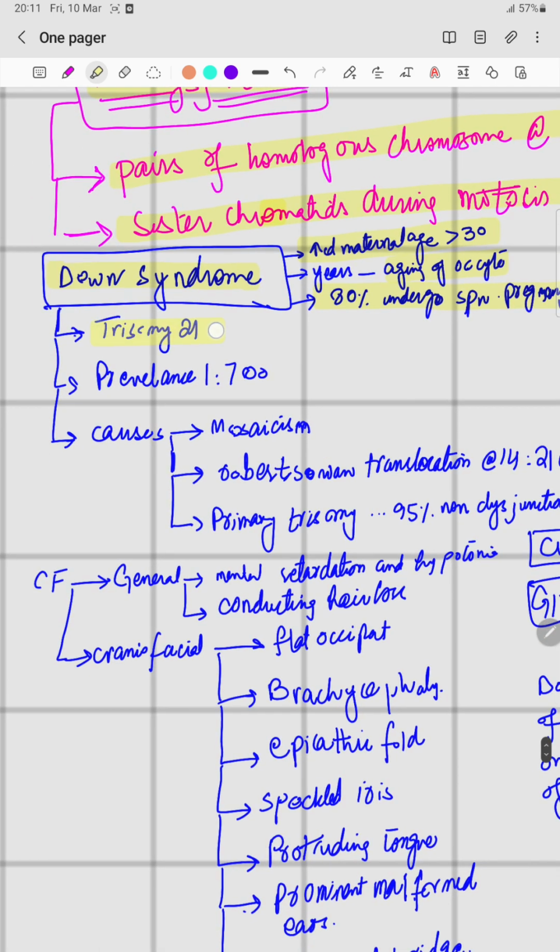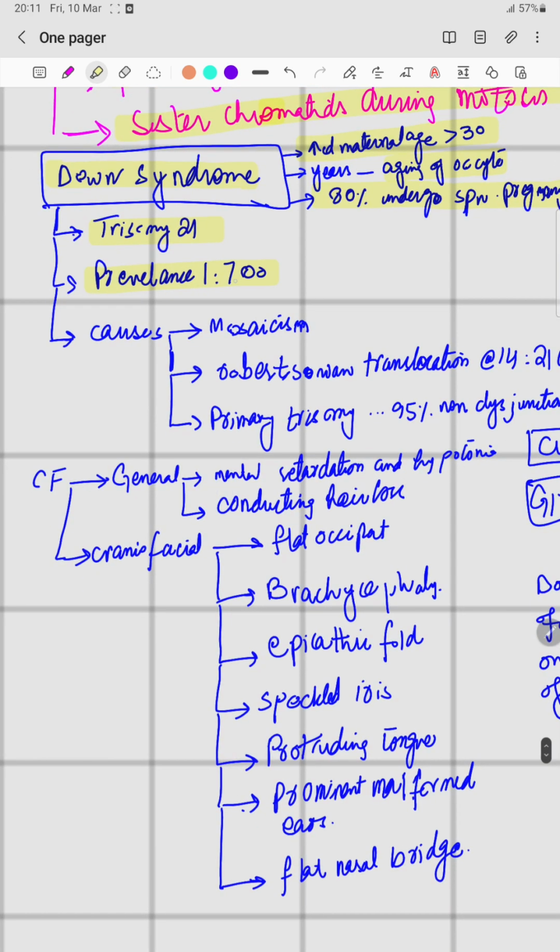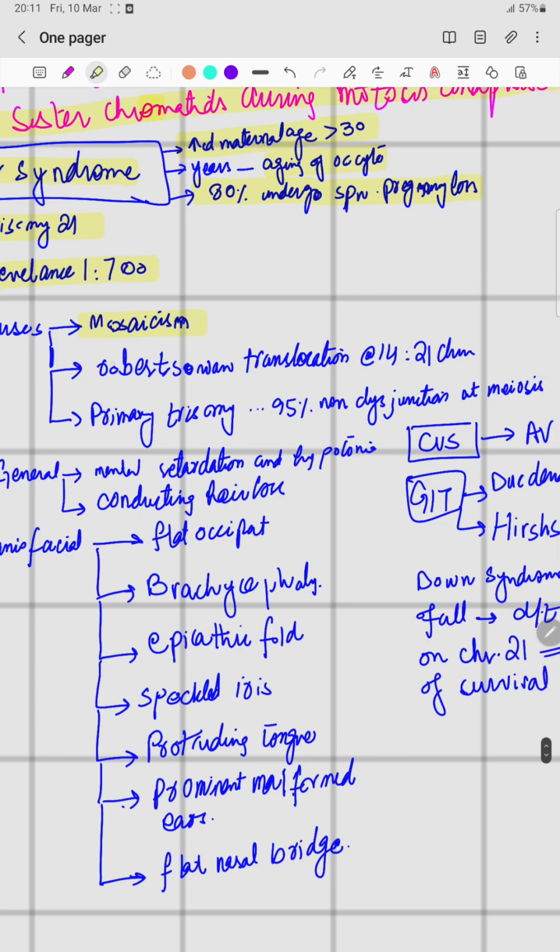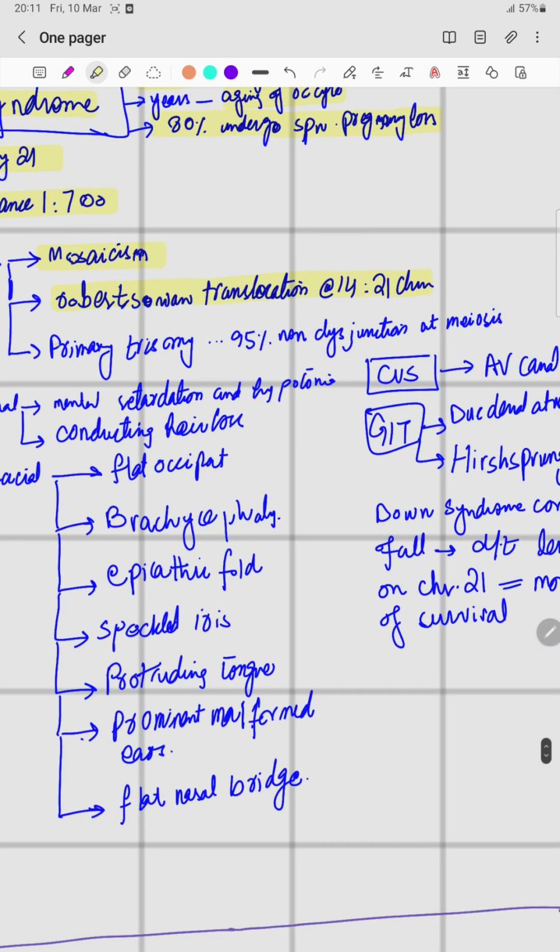It is also called trisomy 21 because the trisomy occurs at chromosome number 21. The prevalence is 1 in every 700, and the causes include mosaicism, Robertsonian translocation at chromosomes 14 and 21, and primary trisomy, the major cause, where 90% is non-disjunction at meiosis.